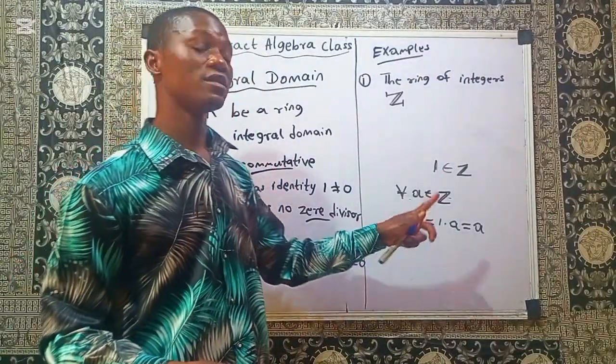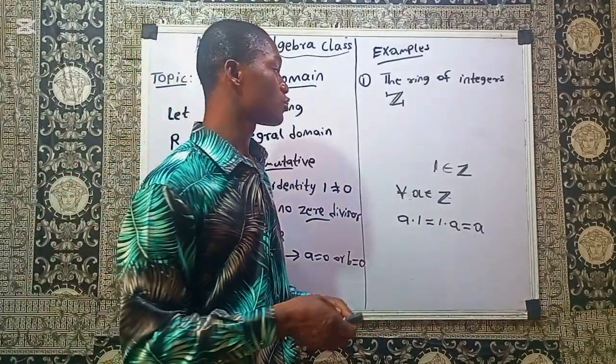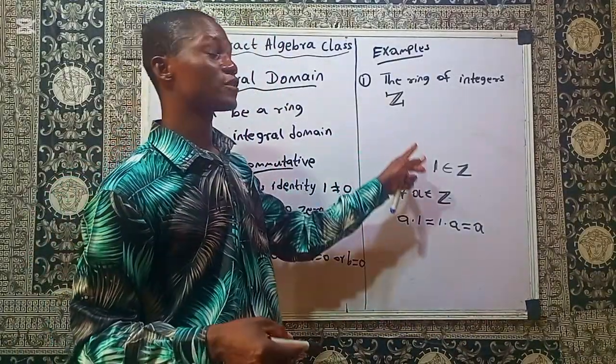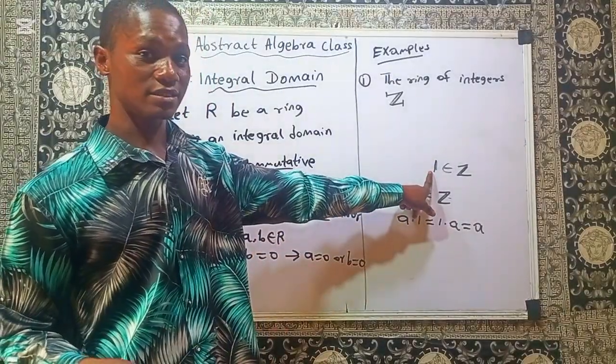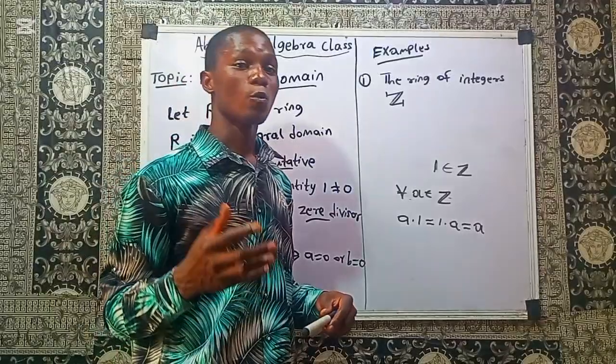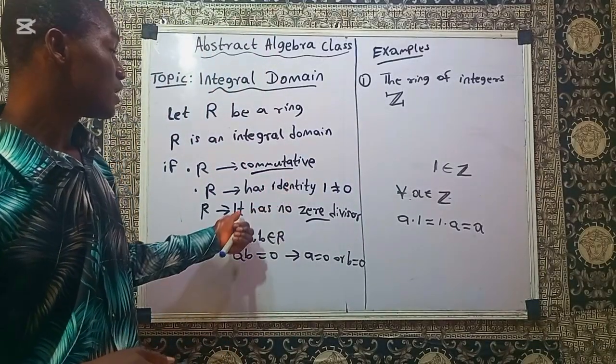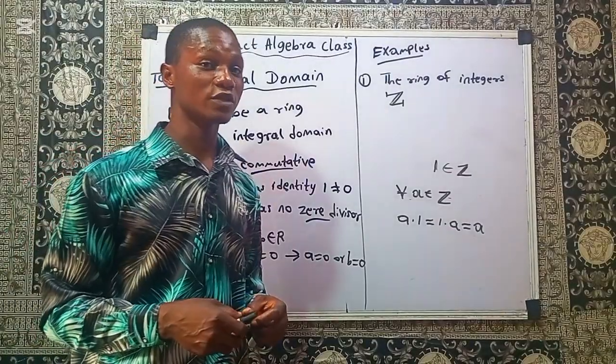So the ring of integers is commutative and has identity, which is 1. The ring must be commutative, must have identity, and shouldn't have a zero divisor.